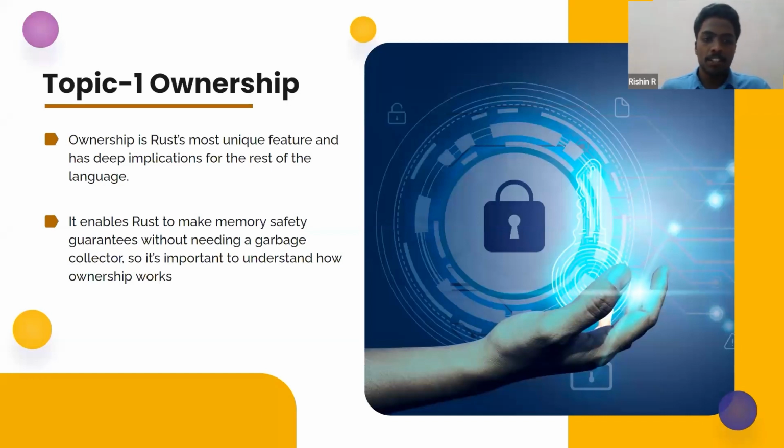So there are different approaches to memory management. We have garbage collectors, and we have manual memory management. But then there is something in between, and that is what we have in Rust. It is called a borrow checker.